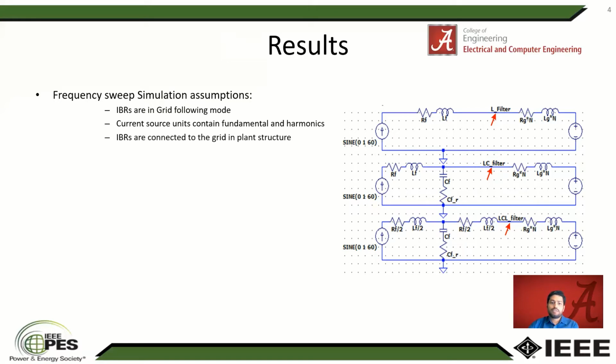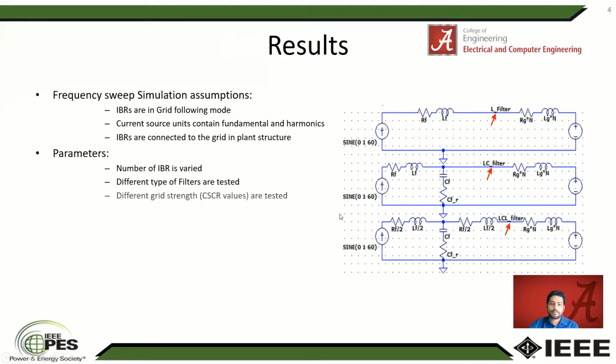All the IBRs are connected to the grid as a plant structure, obviously. The parameters I varied to see the impact are the type of filter, number of IBRs, and also different grid strength, to see in which structure the effects are more severe.